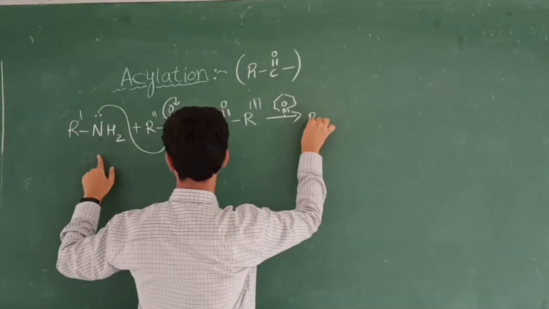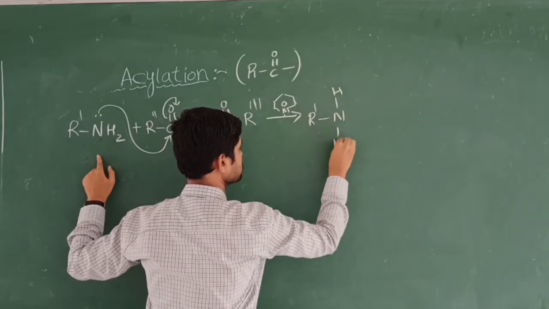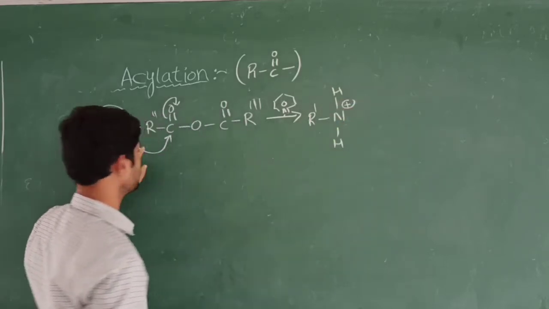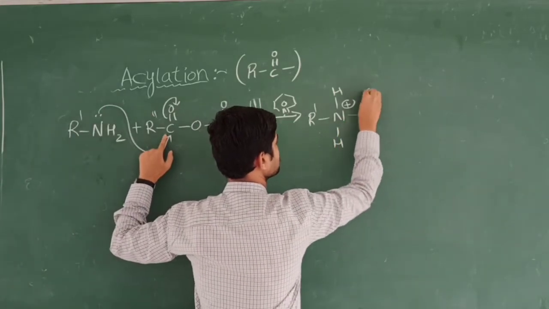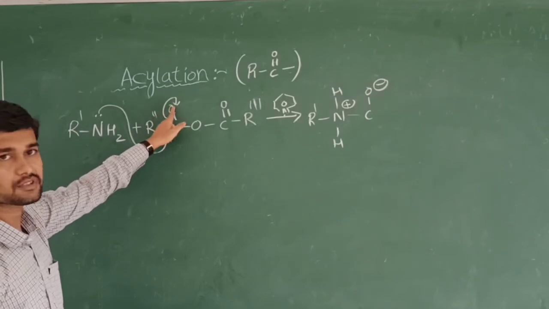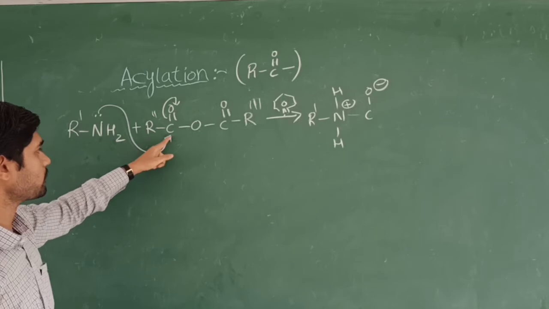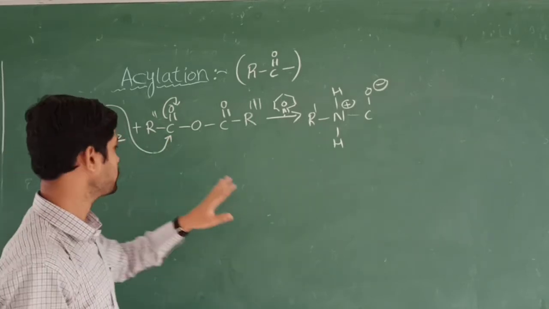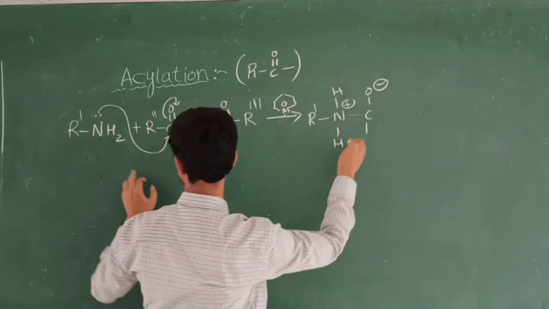So now the bond forms like this, R dash and a positive group, and the remaining part is CO minus, because this bond migrates towards the oxygen atom. When the nitrogen lone pair of electrons hits the carbon atom, it becomes pentavalent. So in order to maintain tetravalency, I write it as it is.